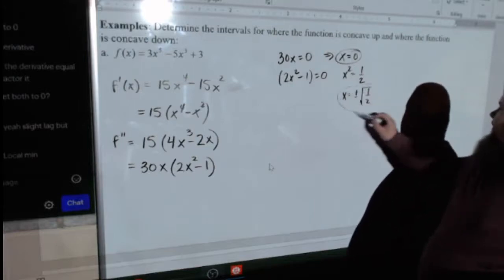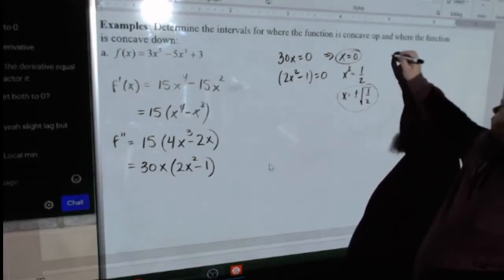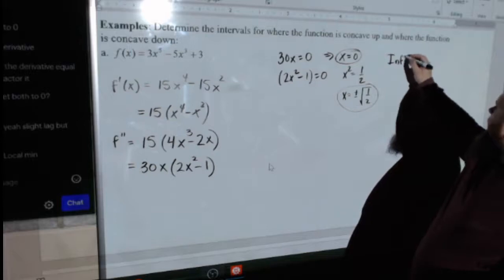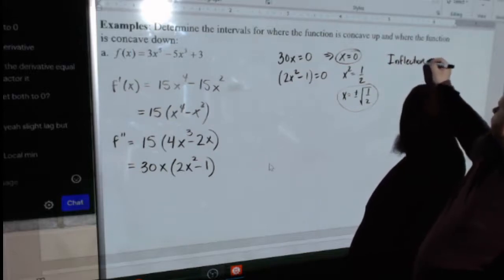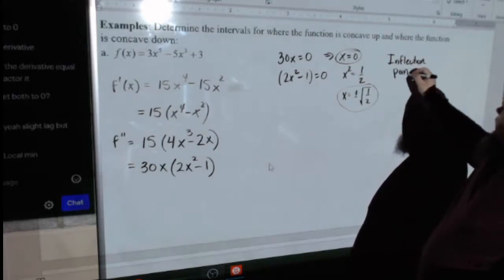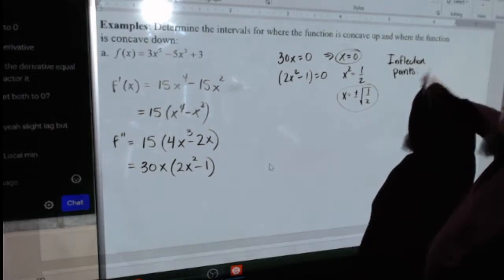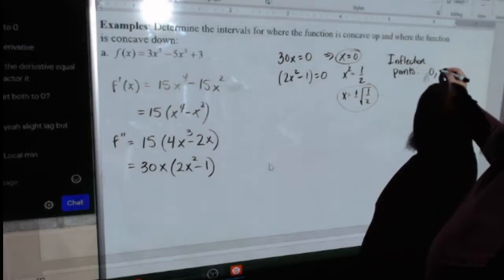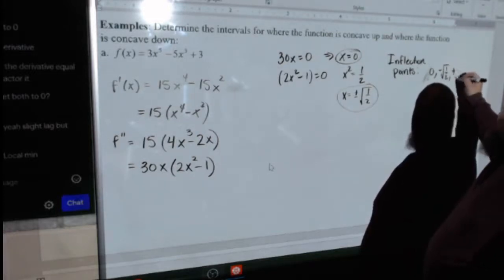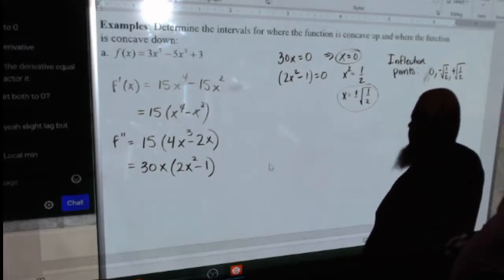So instead of calling these critical values, these are the inflection points now, and this is 0, negative square root of 1/2, and positive square root 1/2.